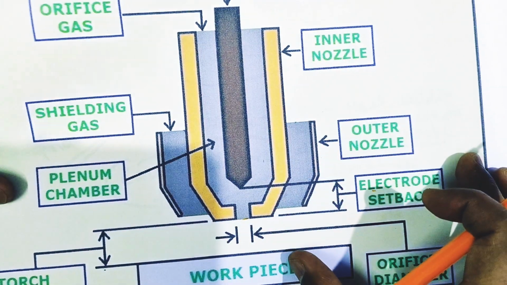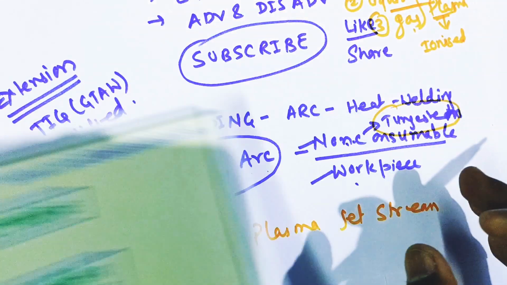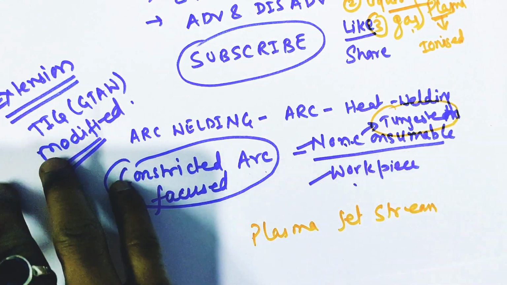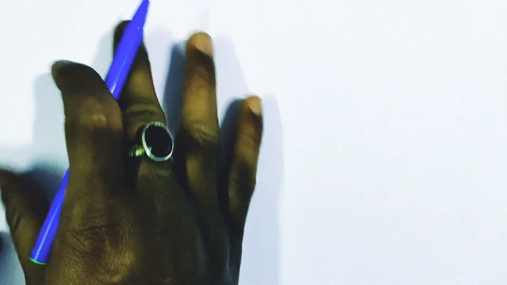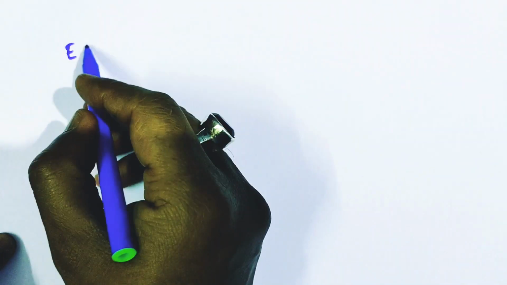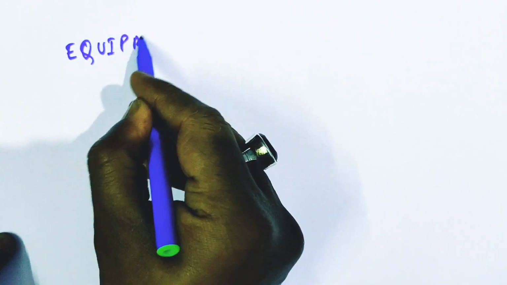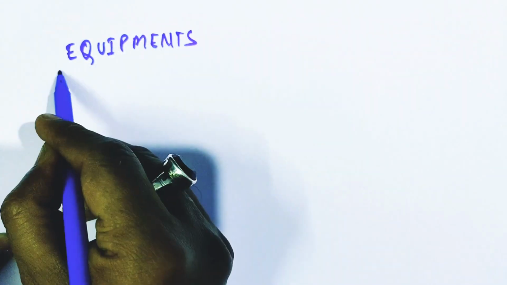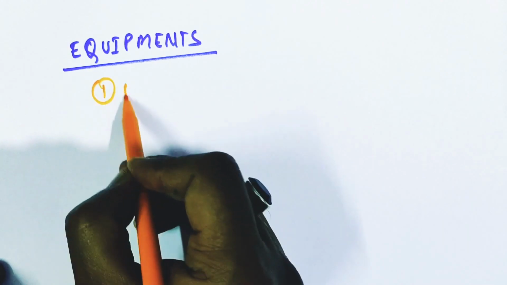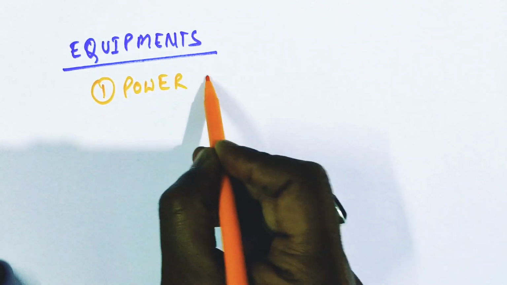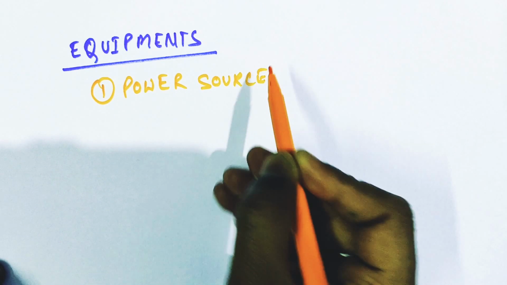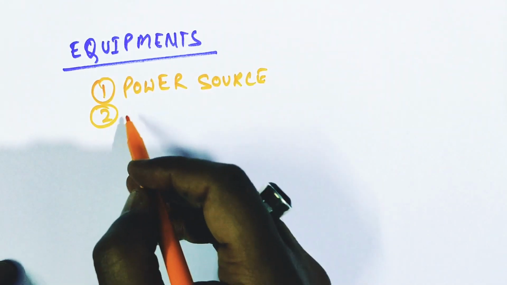So friends, now we have understood somewhat the working principles, so we'll move to the equipment. The equipment which is used for plasma arc welding is: first, power source. Second one is welding torch.